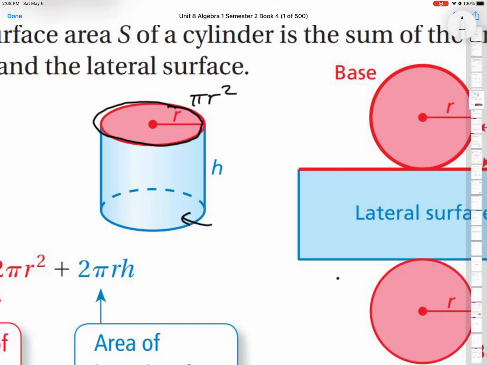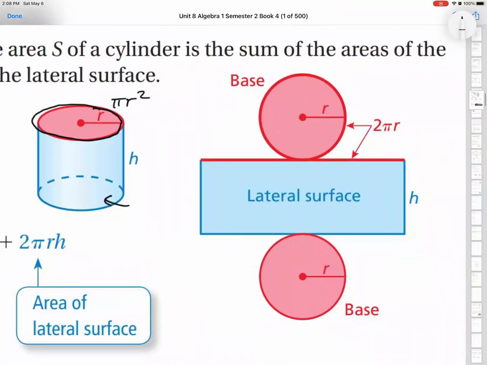So if we were to lay this out, our base is that pi r squared because it's a circle. But then if we were to unfold it outward, this lateral area being created from the actual cylinder part creates a rectangle. And where that rectangle comes from is our circumference from the circle times the height.